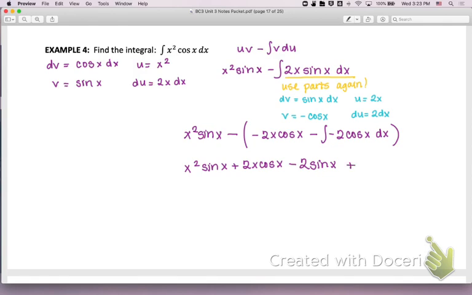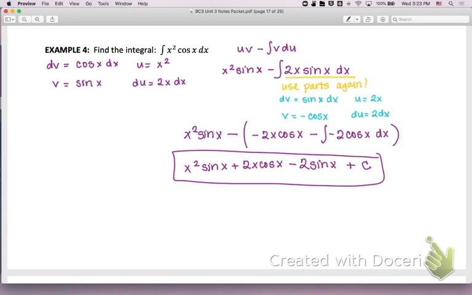And we're done now, so that's going to be plus c. And so that's what we get when we integrate that function. It ends up pretty gross, but it works just fine. So the takeaway here is that sometimes you might need to use integration by parts more than once.